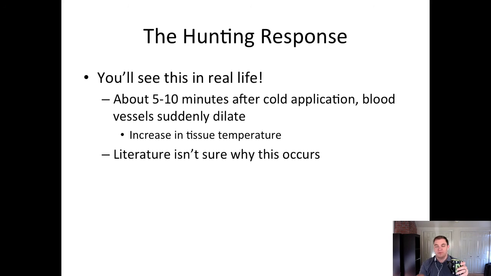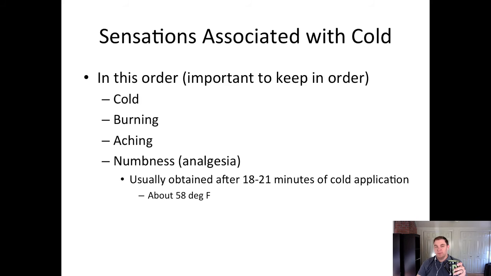We think it's because the body's trying to protect itself from tissue death, tissue damage, frostbite and stuff, essentially. So that initial spike in temperature is the body's natural reaction of saying, hey, keep me in homeostasis, I don't like this ice. What's going on here? But we don't know that for sure. We haven't been able to prove that.